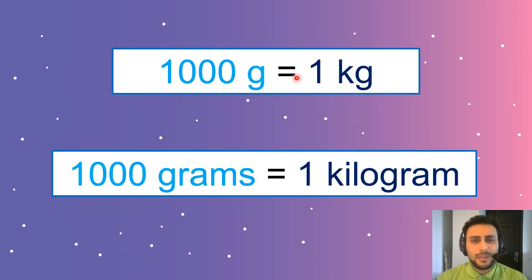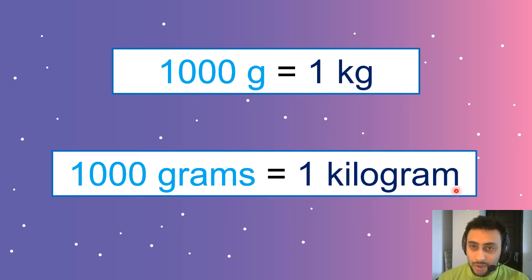Now, what if we go above? We go 1,000 grams. When we reach 1,000 grams, we don't say 1,000 grams. It's too big. We just say 1 kilogram. 1 kilogram. kg.